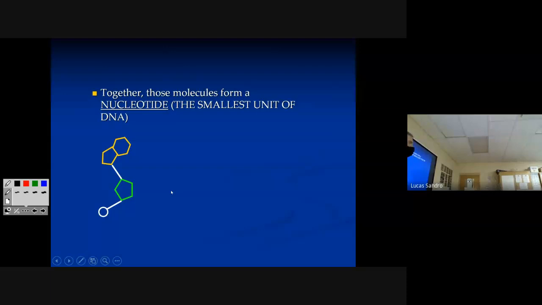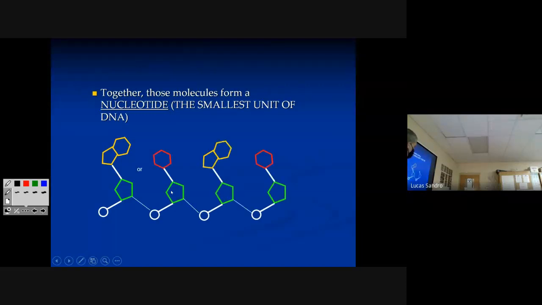We have the nitrogenous base bonded to the other end of the deoxyribose. And if you chain phosphates and deoxyriboses together, like so, that would be one strand of DNA. Questions so far? Okay.